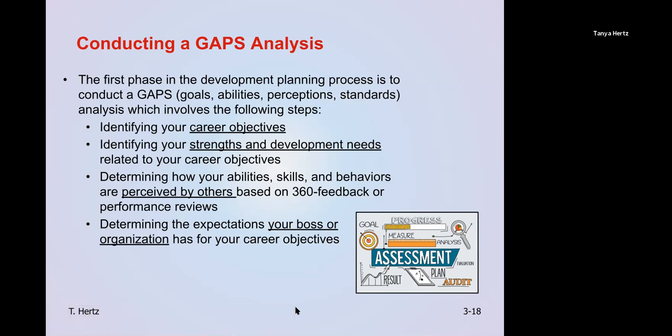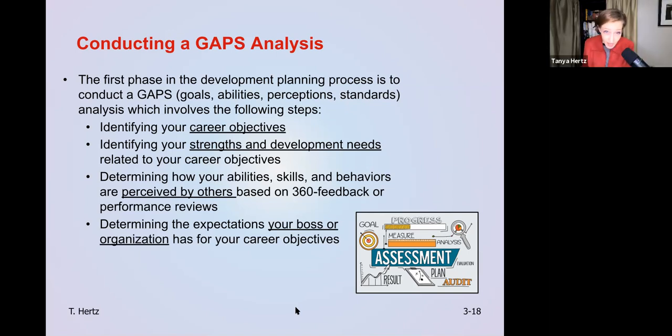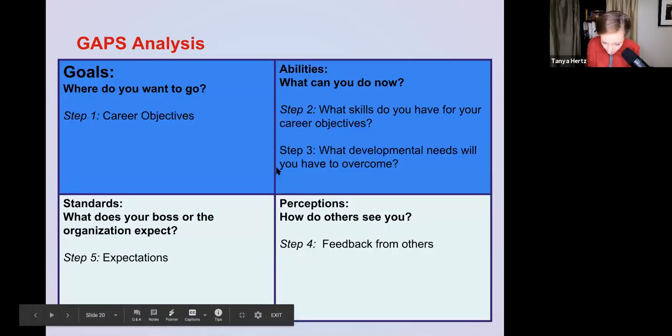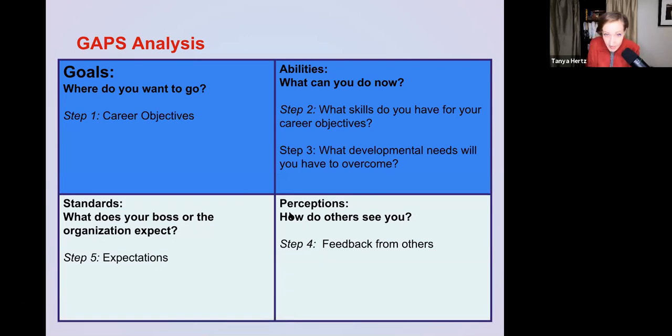You use feedback from outsiders in your gaps analysis for an effective gaps analysis, and very often you'll work on your gaps with either a mentor or with the supervisor, boss in your organization, if he or she has time for it. It's a very effective way to develop and to learn what you need to learn and change your behavior. So this is what a gaps analysis actually looks like.